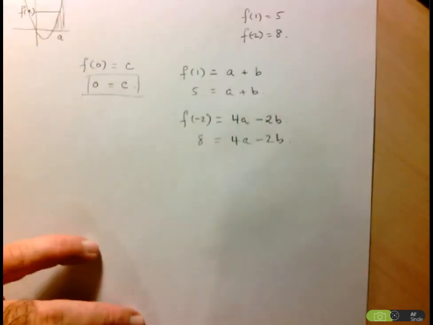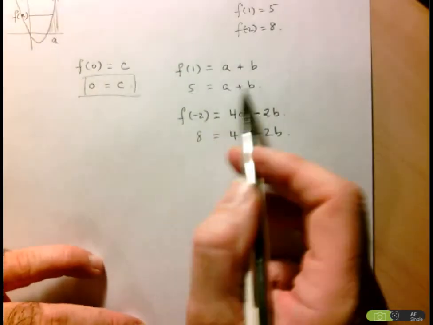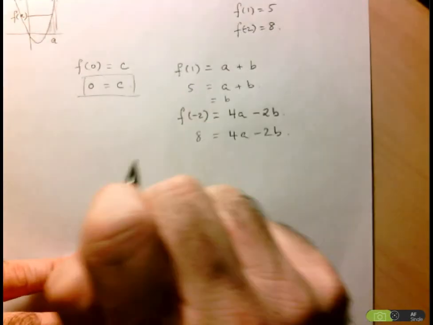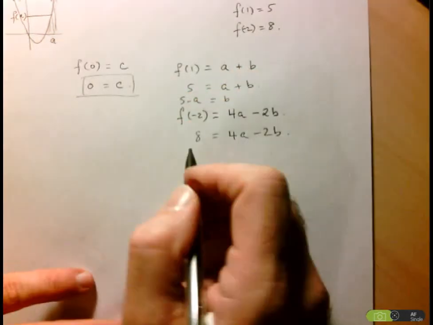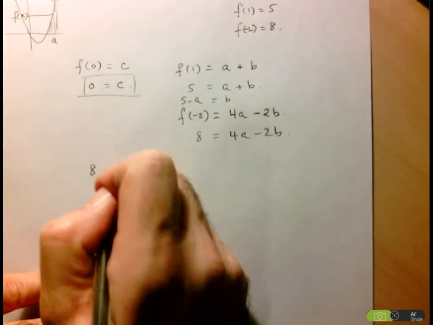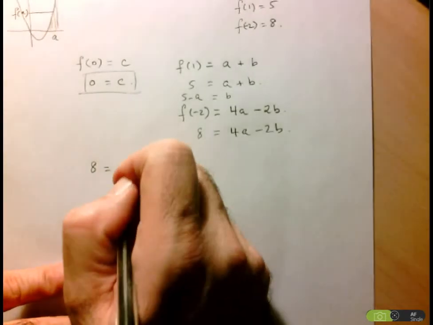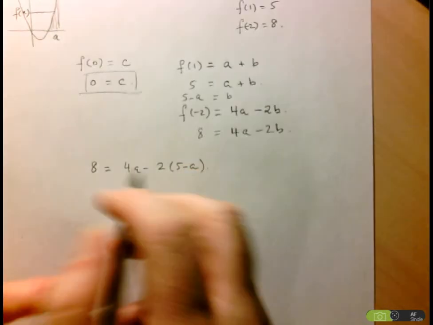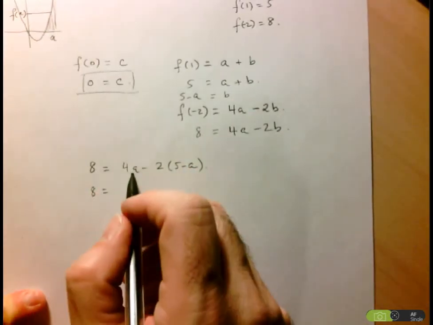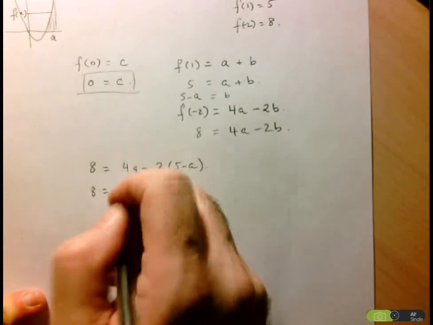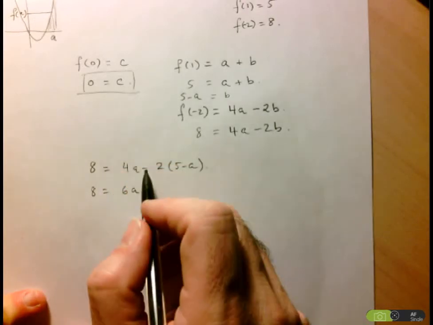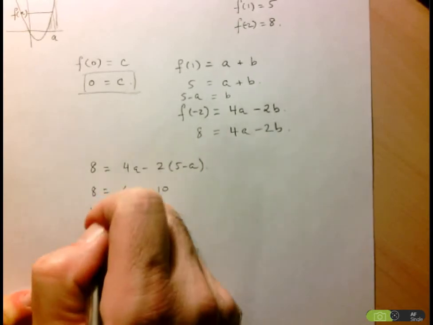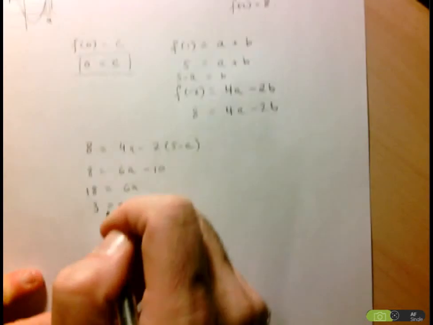Now from here, solve it however you like. Since this is such an easy equation, I'll just solve it by substitution. b is 5 minus a, so I'll take this equation, 8 equals 4a minus 2 times b, which is 5 minus a, and now we can just solve this out. 4a plus 2a, so 6a, and then minus 2 times 5 is 10, so 6a is equal to 18, and so a is equal to 3.